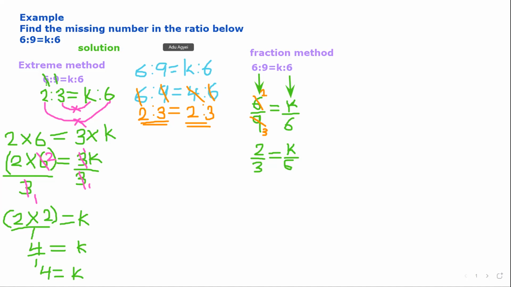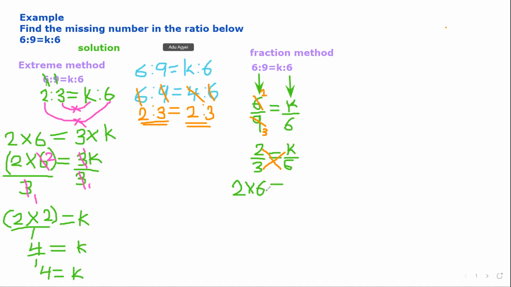Now with this, we can do our cross multiplication, which means that the numerator of this side will multiply the denominator of the other side, and then the denominator of this side to multiply the numerator of this side. Good. So we have 2 multiplying 6.